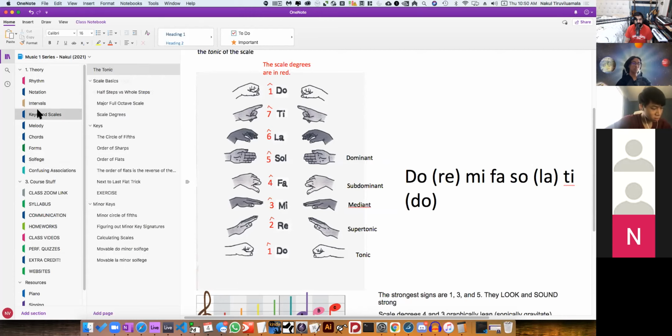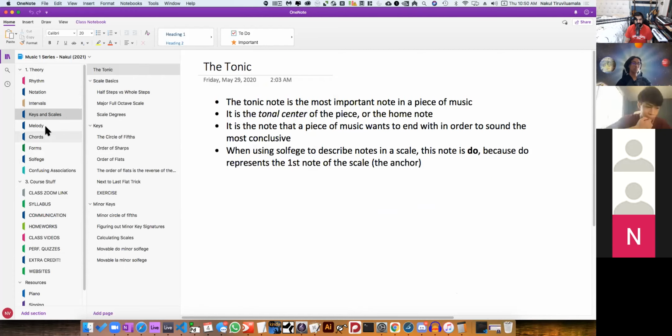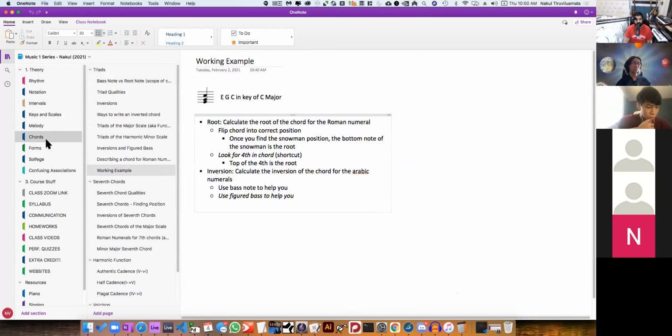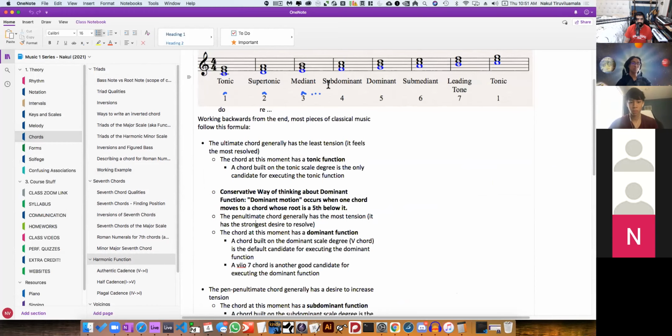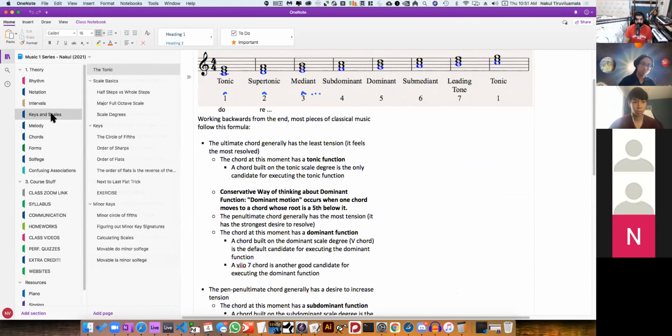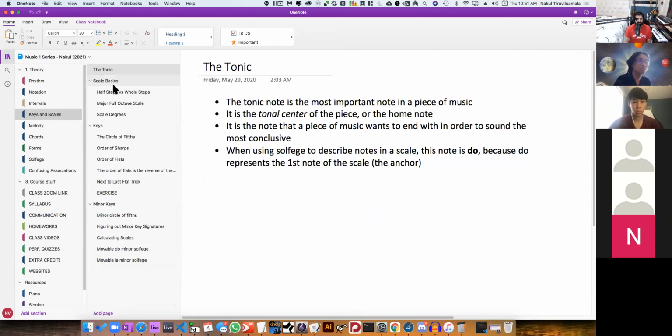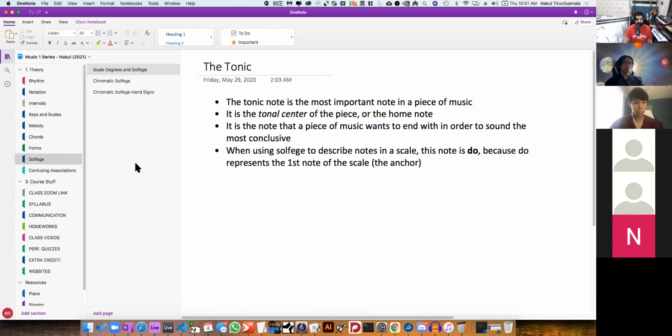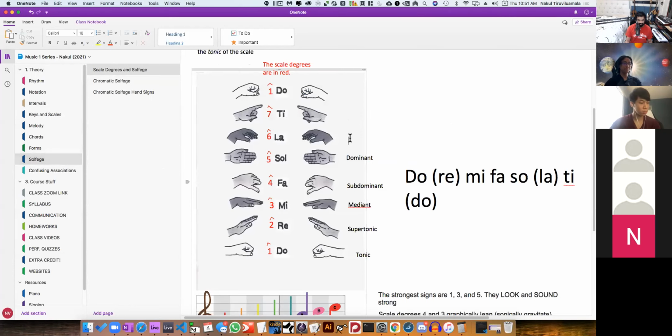I always mix up the mediant and the submediant. One second. Yes, I got it right. I got lucky. So this is the submediant. This right here, ti, is the leading tone. And then we're back to the tonic.